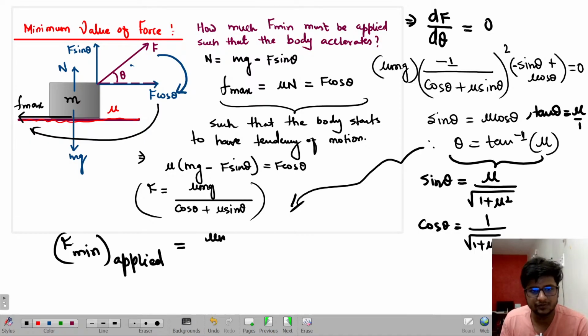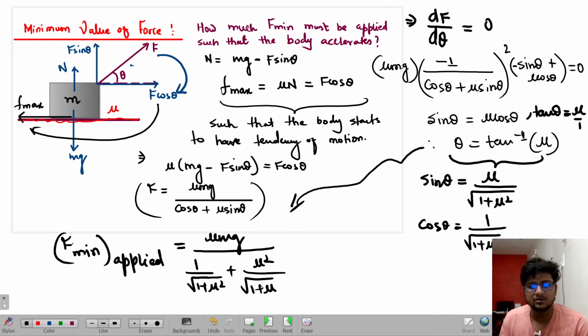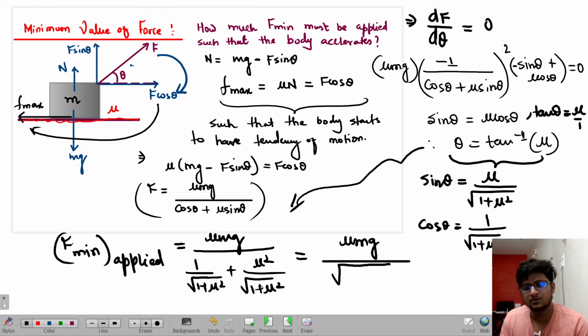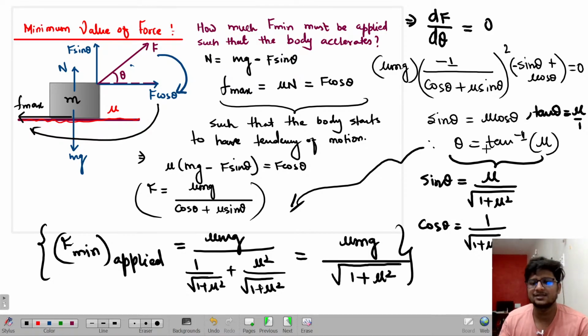So this one will come as mu mg divided by 1 by root over 1 plus mu square plus mu square upon root over 1 plus mu square, which comes as mu mg divided by root over 1 plus mu square. Means if you apply this much minimum force at this much angle, then the body will start moving.